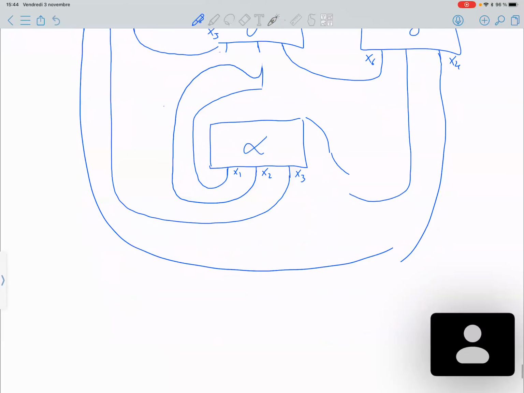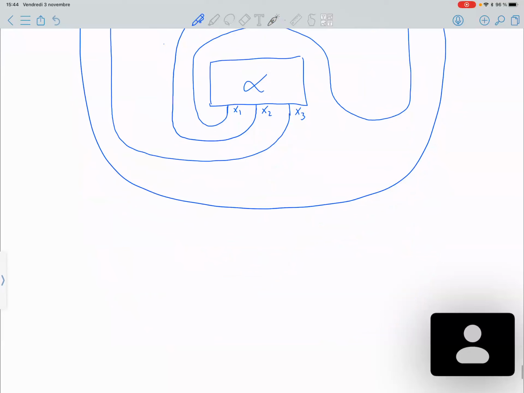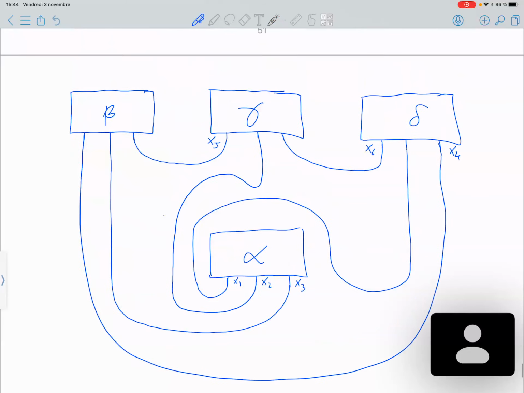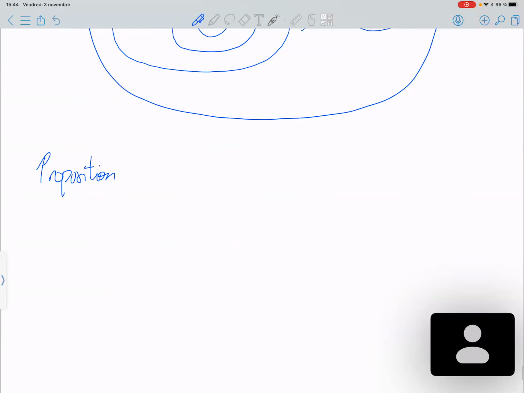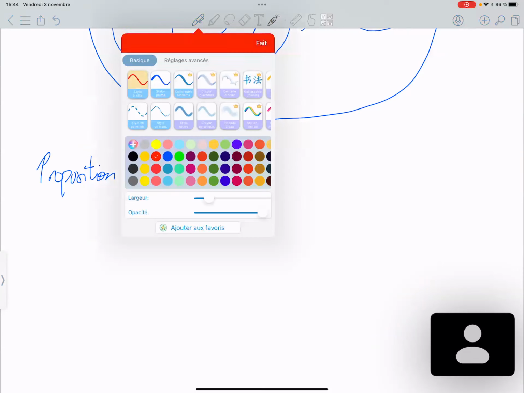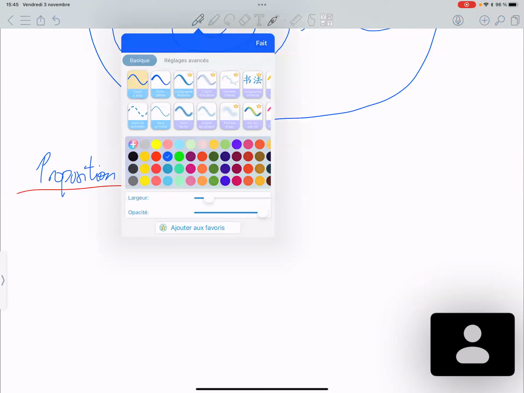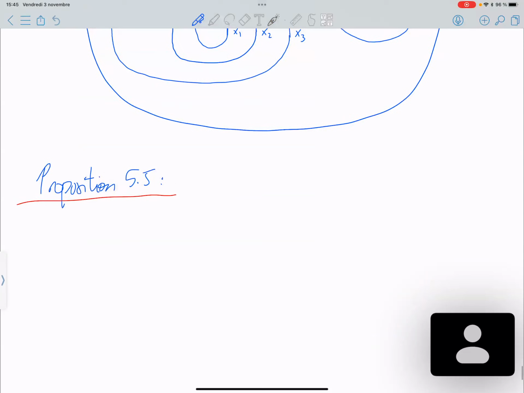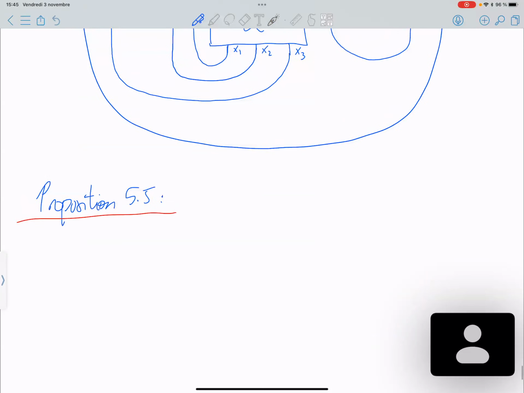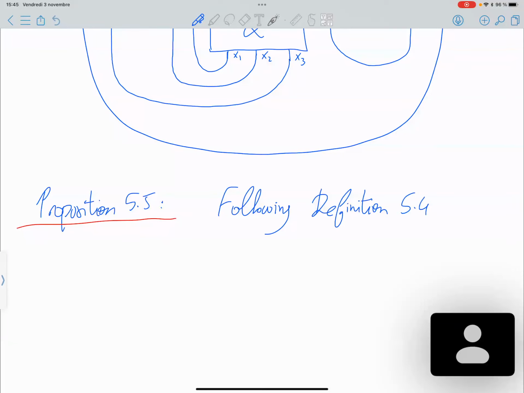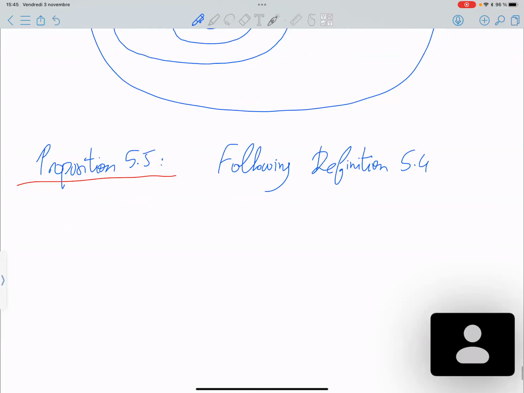Proposition 5. Following the previous definition of the monoidal tetrahedron, we have the following cyclic permutation symmetry: the tetrahedron (alpha, beta, gamma, delta) is equal to T of rho alpha, delta double star, beta, gamma.